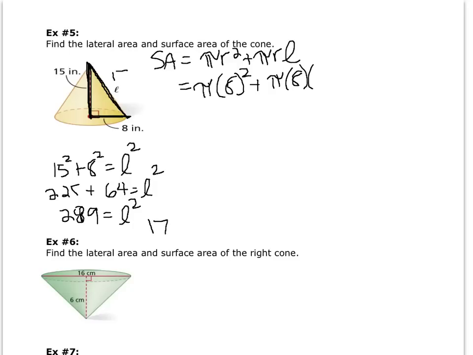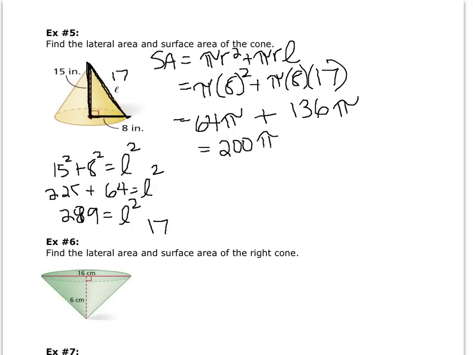I'm going to jot a little 17 over here. Now I can come back and finish out the problem. So I've got 64 pi. 8 times 17 is 136 pi. And when I add those two together, my surface area is 200 pi inches squared.